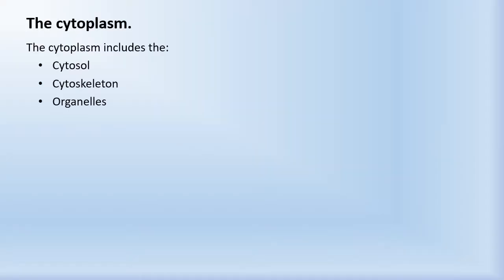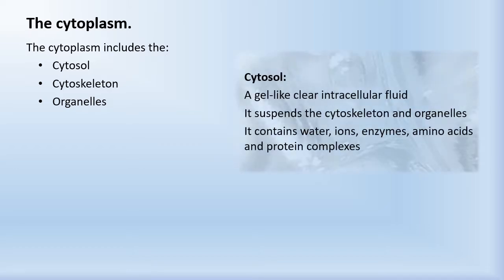The cytoplasm includes the cytosol, the cytoskeleton, and the organelles. The cytosol is a clear gel-like liquid inside the cell, intracellular fluid. Note that intracellular means within the cell.